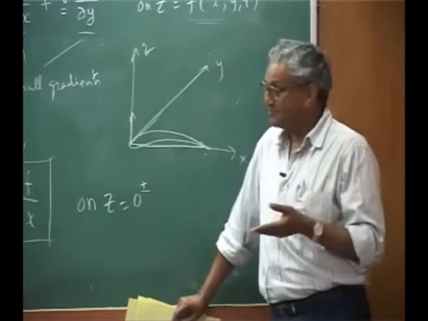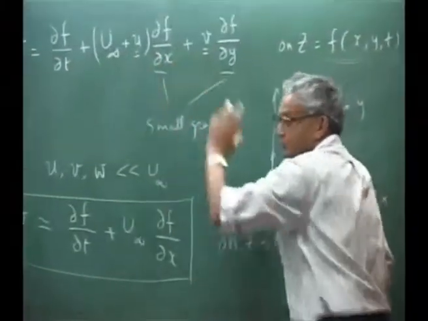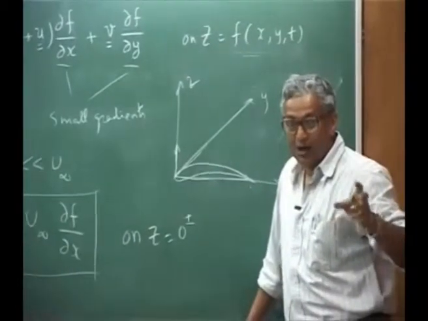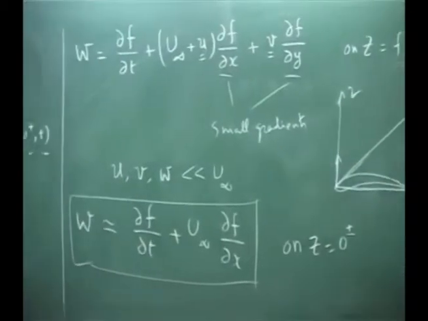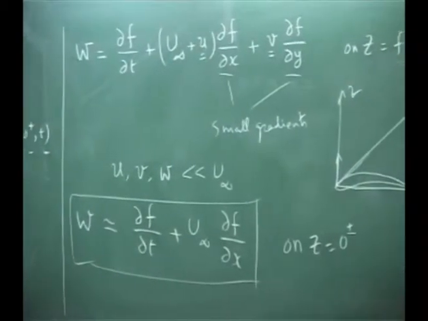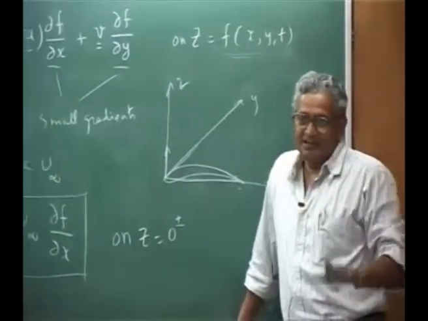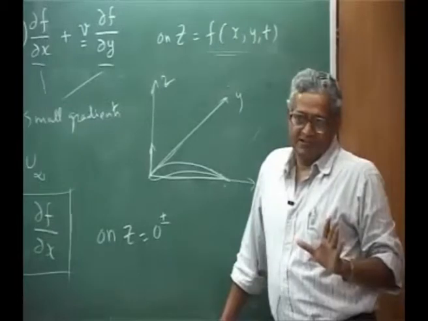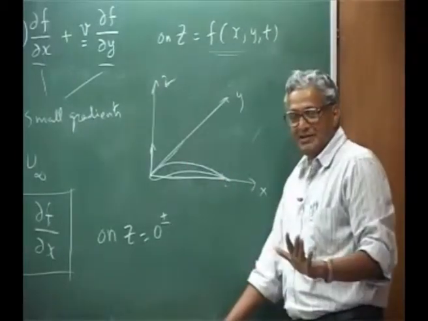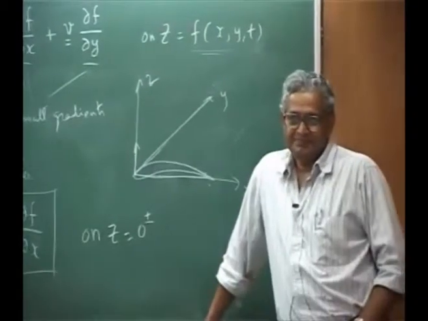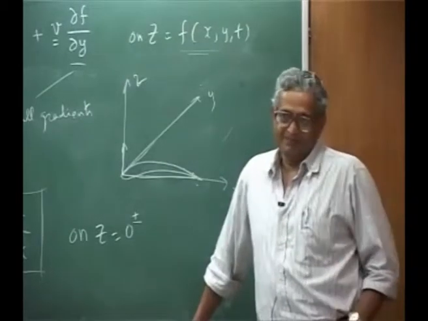Another assumption we made is that velocity u, v, w, which are the perturbational quantities, are small in comparison to the flow field, which is u infinity. So this is the basic assumption. Now all my quantities, that is the disturbance due to the presence of my airfoil, are small. So this is called a small disturbance potential flow.